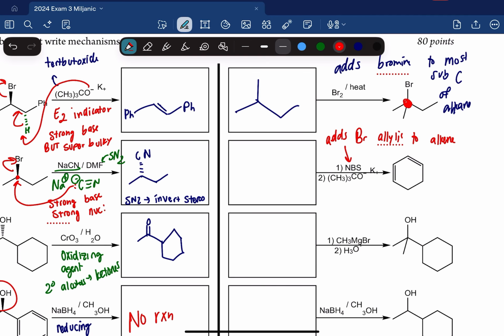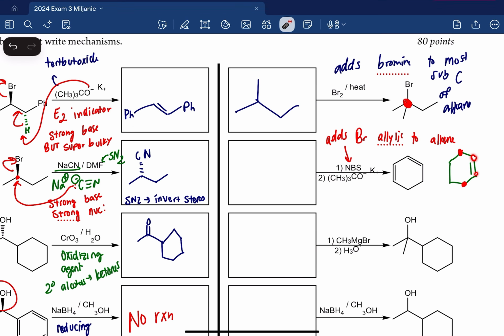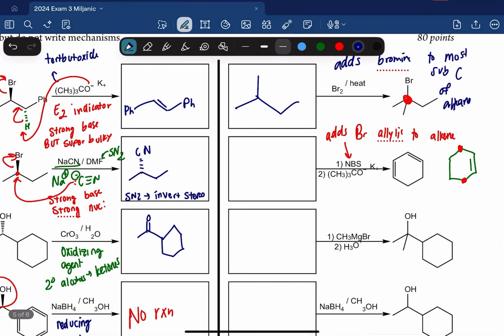So allylic just means that if there is an alkene here, you can add it here or here. Okay, you can add it here or here. The 2 positions, not on the double bond, but the 2 adjacent positions. So keep that in mind. We know that it only adds bromines allylic to the double bond.